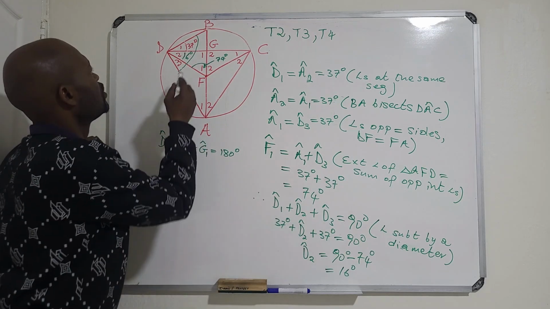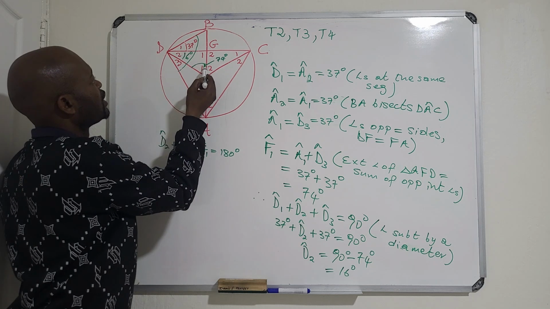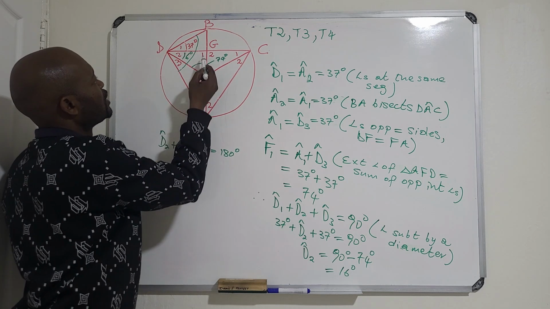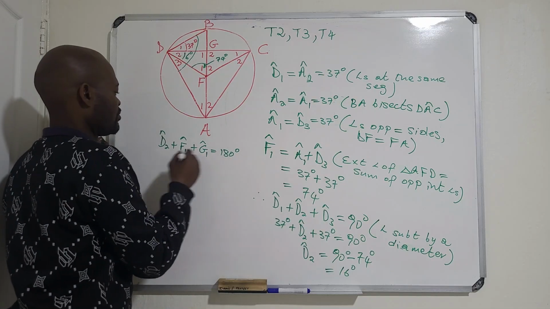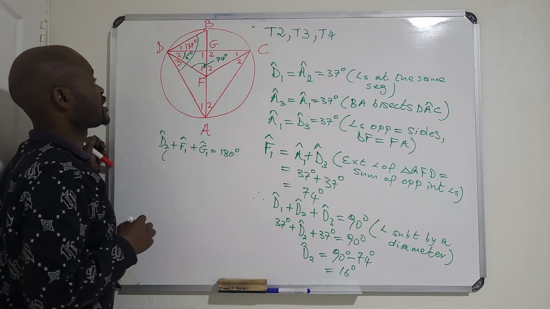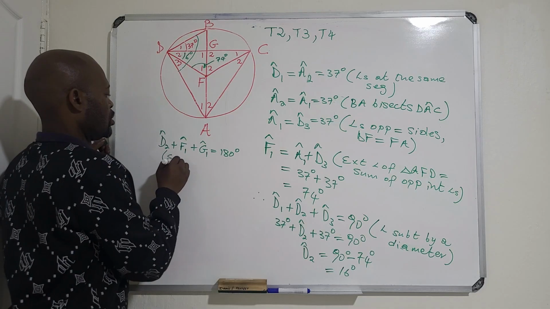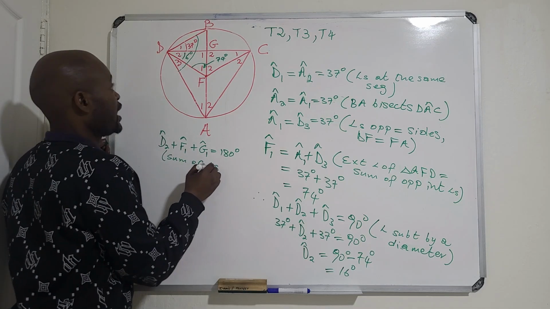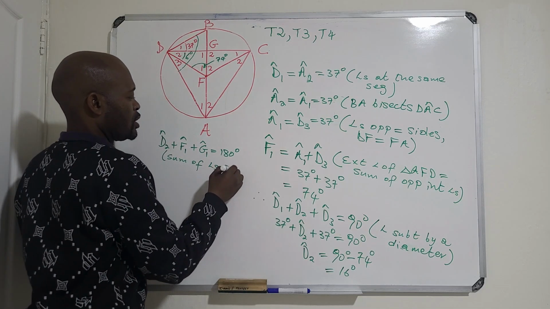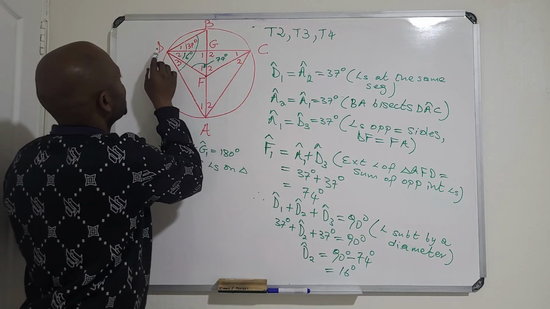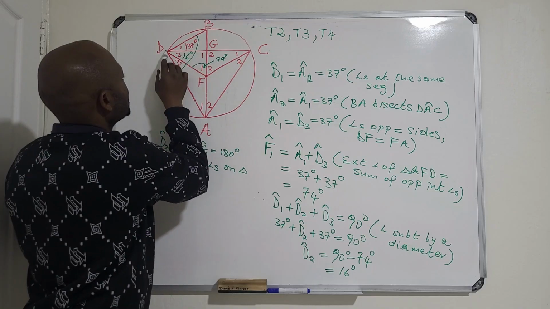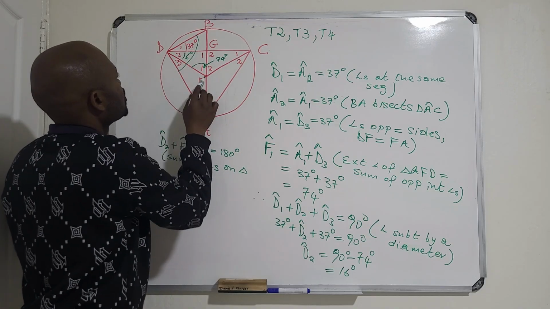Why is this? We are adding this angle plus this angle plus this angle, which is equal to 180 degrees. I'm going to write the reason below: sum of angles on triangle DFG. This is the triangle we are talking about.